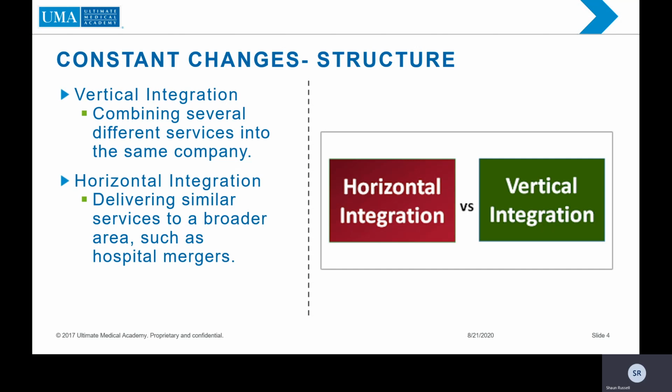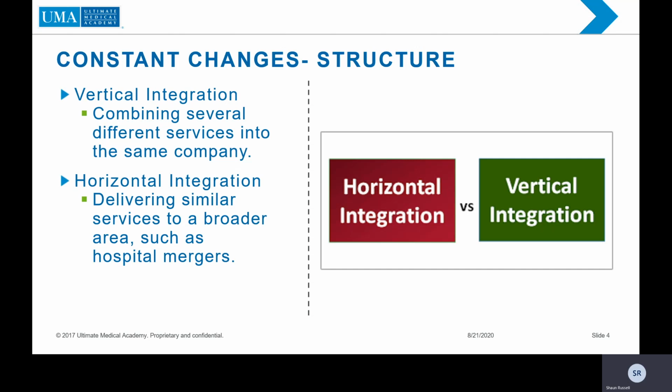Whereas horizontal integration is the same or similar services. So say for hospitals, it would be emergency care, and this emergency service would go out and purchase other emergency rooms, either the whole hospital or literally just the emergency room. Some hospitals have their emergency rooms owned by separate companies than the actual hospital, and pharmacies too.